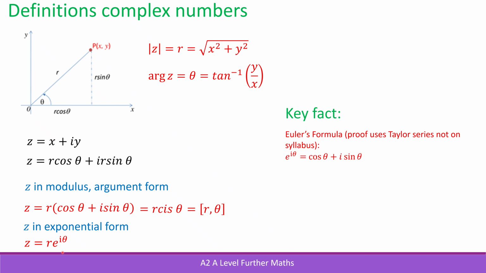This is the exponential form of the same thing. These are all different ways to write how to get to this point P of the complex number. There are multiple ways, and you need to be familiar with all of these to make sure you understand what we're going to do. We're going to link this into the nth root of unity shortly.